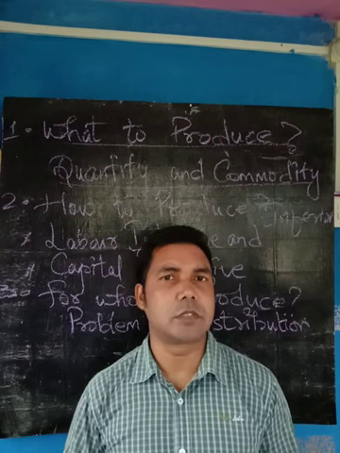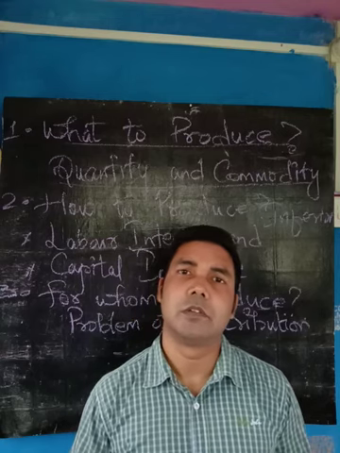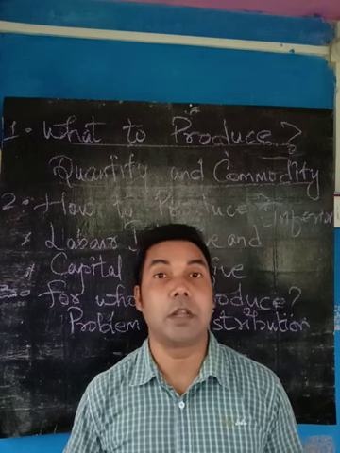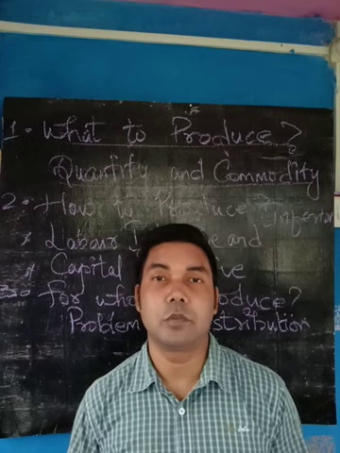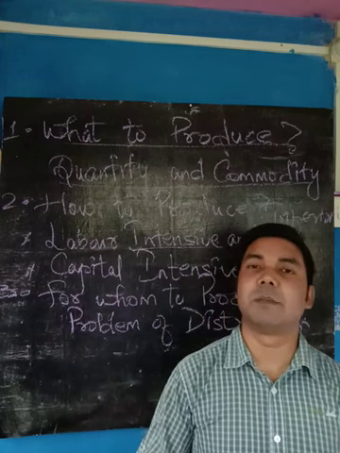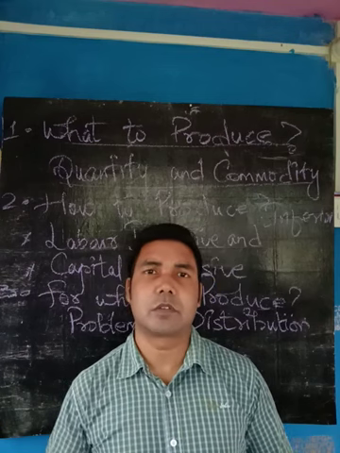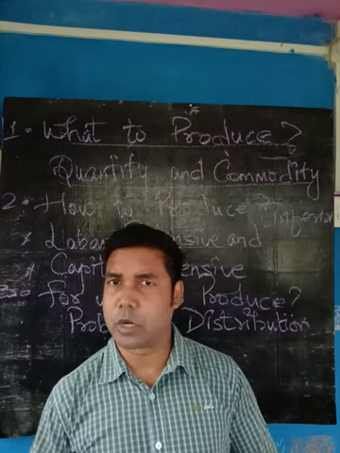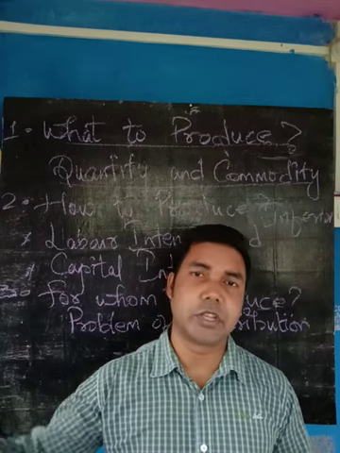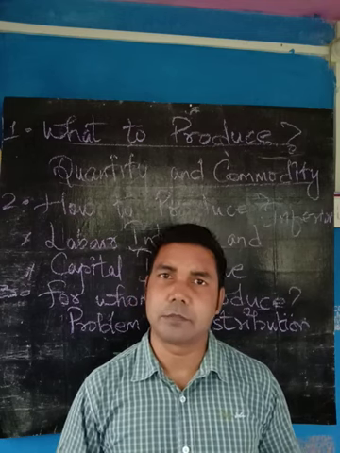Low class means inferior goods, and inferior goods won't be consumed by the richer class. So now the problem arises of for whom to produce. So the goods should be produced in such a manner that they can be consumed by the lower class, middle class, as well as the higher class. Means three classes of people can consume them very easily.